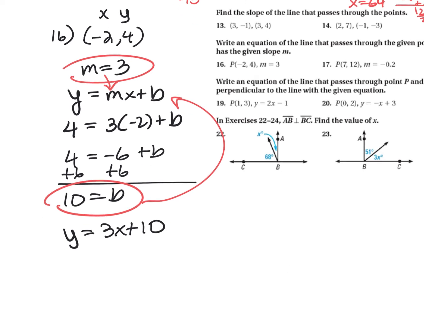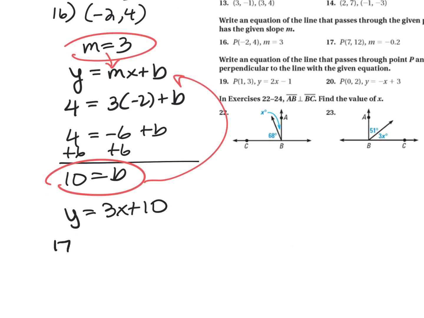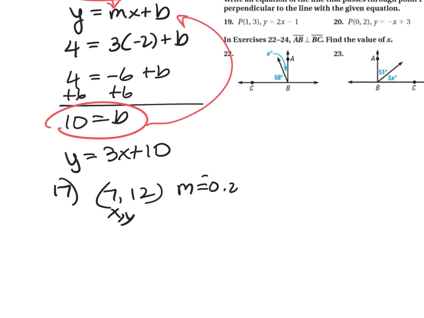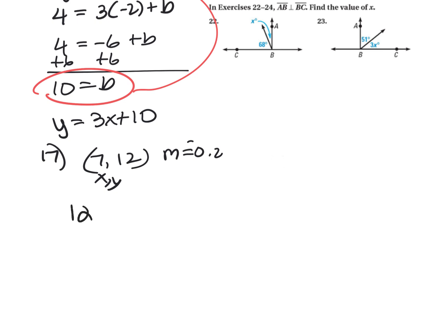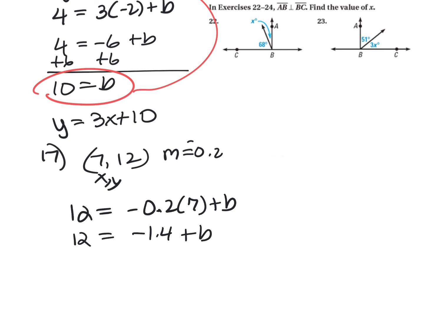For number 17, I'm using the point (7, 12) and the slope, which is negative 0.2. So again, 12 equals negative 0.2 times 7 plus b. 12 equals negative 1.4 plus b.